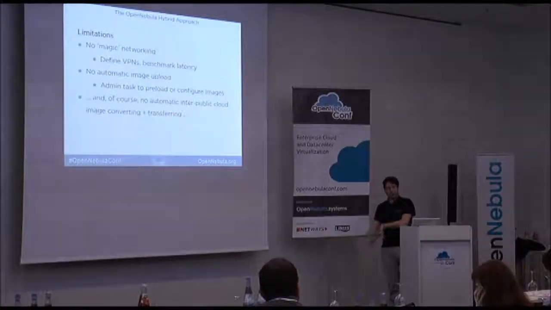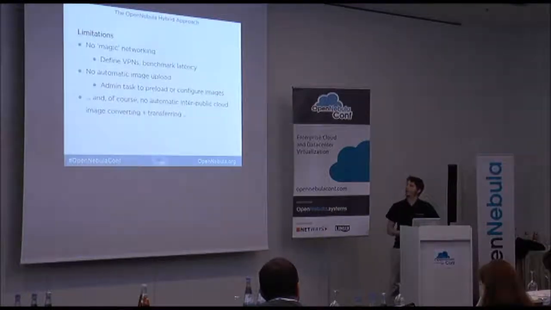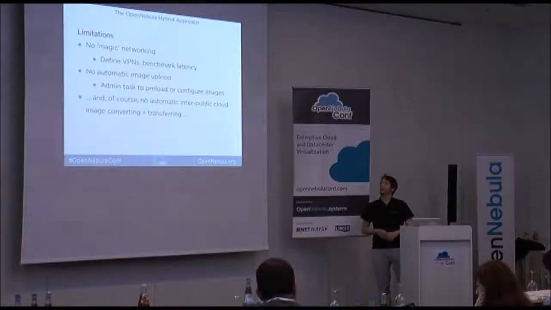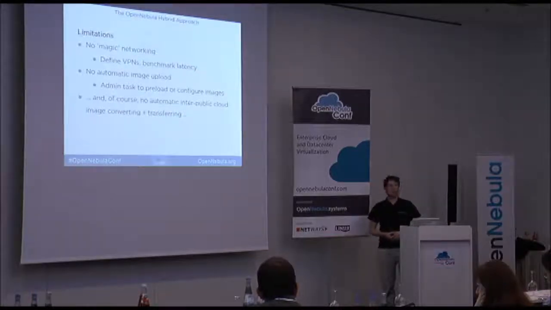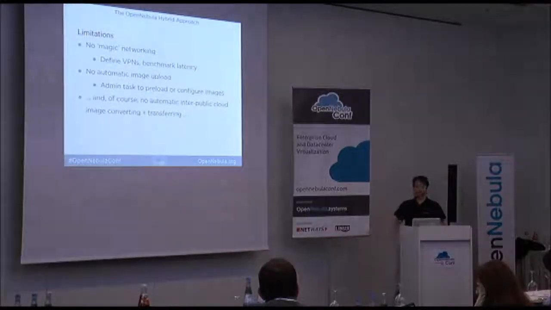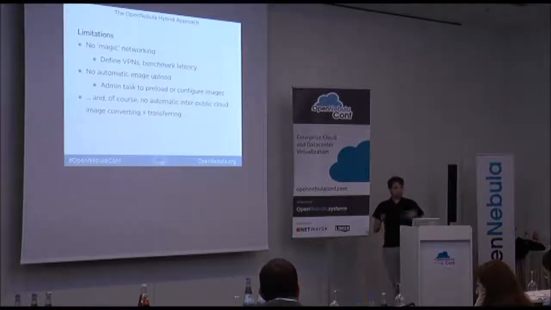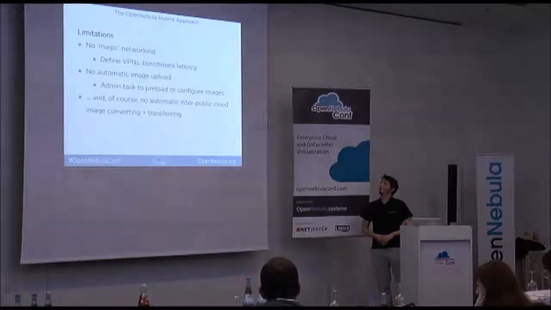We say, okay, you have to take that image and upload it with the API tools or whatever they're called, and once it's up in S3, for instance, and you have a registered AMI, then you can tell OpenNebula, okay, this virtual machine here in Amazon EC2 is the same virtual machine as this disk you have locally. And then you can create a VM template that describes both machines, which are in the end the same one. But OpenNebula won't take care automatically of this upload of the image.